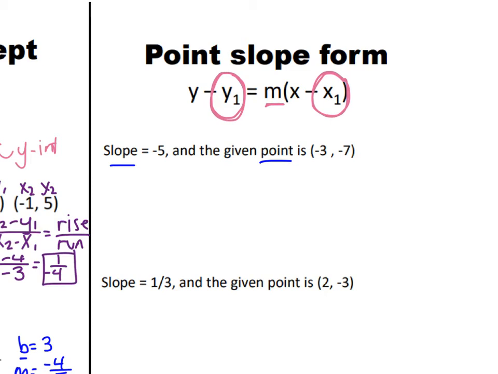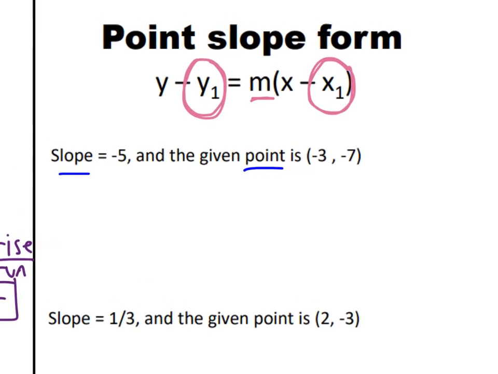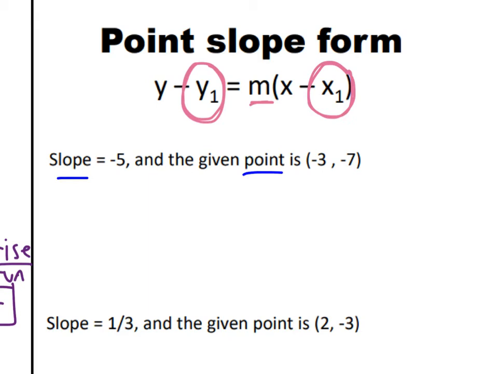So, for this example, I'm going to color coordinate so you can see how the difference works, like what I'm plugging in versus what my actual formula is. So for my first example, I'm given a slope of -5 and a point of -3, -7. So I want to go ahead and label my x1, y1. That way I know what to plug in to my formula.